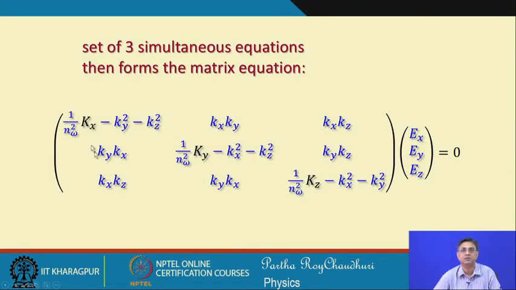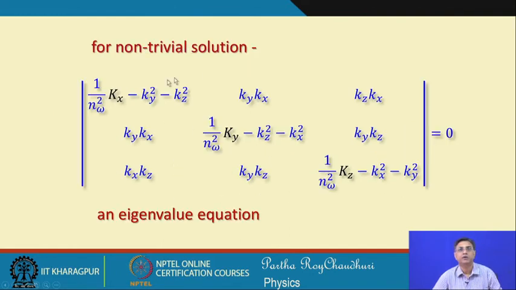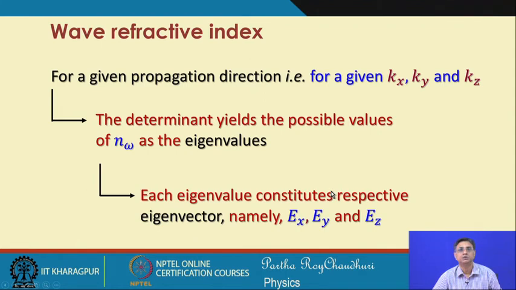Now, to solve this matrix equation, for a non-trivial solution, the determinant of this equation will be equal to 0. So, this is an eigenvalue equation which will give you the values of n omega, and to solve this, we will see that we have to consider a direction of propagation of the electromagnetic waves.